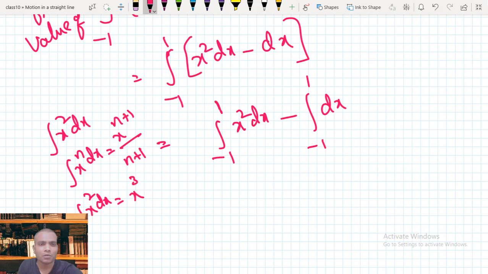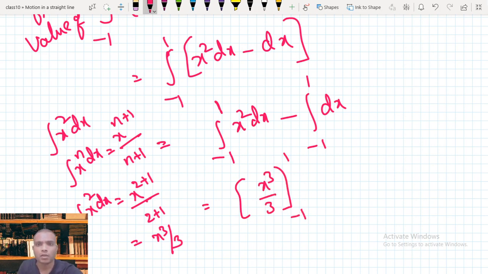So I get x power 3 upon 3, which means x power 2 plus 1 upon 2 plus 1, equal to x cube upon 3. So the integration of x square dx is x cube upon 3 with the limits minus 1 to 1, and minus integral dx. The formula for integral dx is x itself. So I get the value x here. Now substitute the lower limit minus 1 and upper limit plus 1.